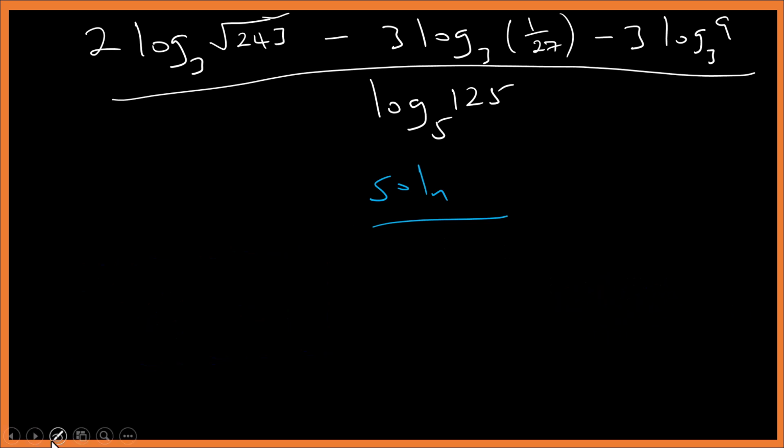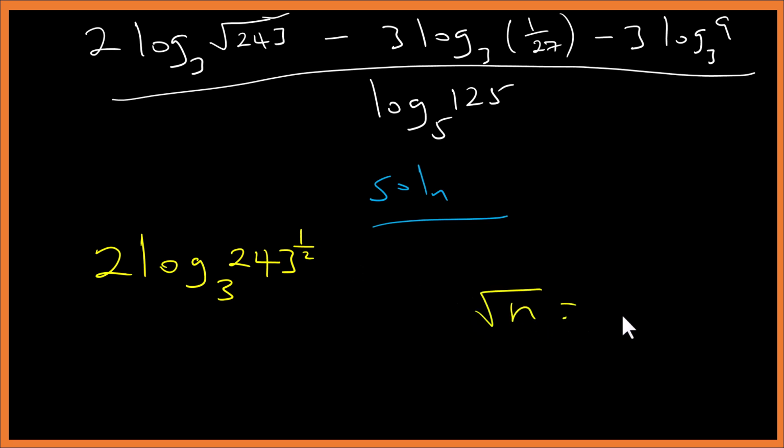This side will be 2 log 3, 243 raised to half, because square root of n is the same as n to the power half.